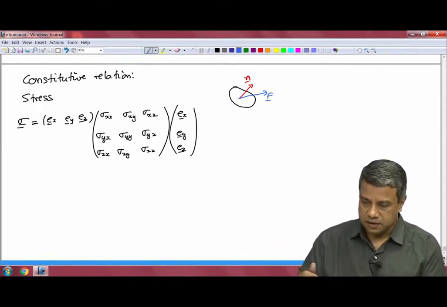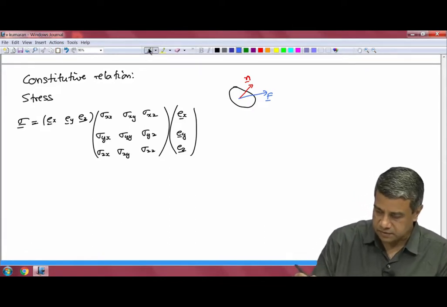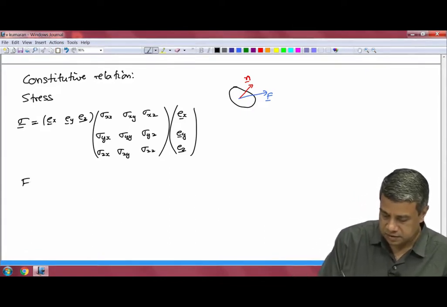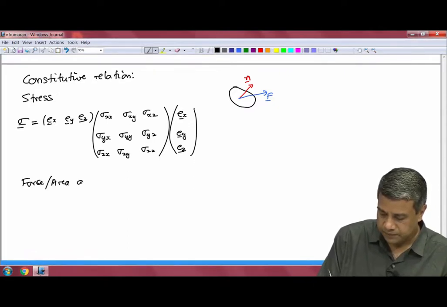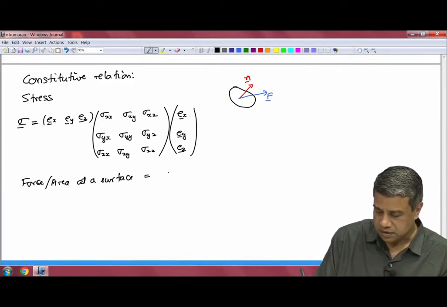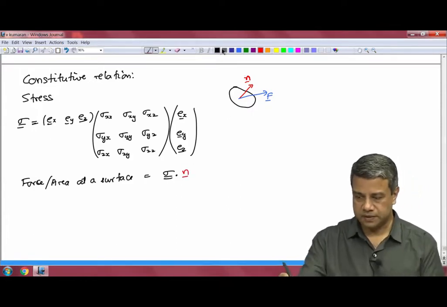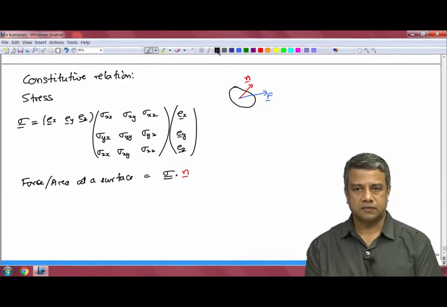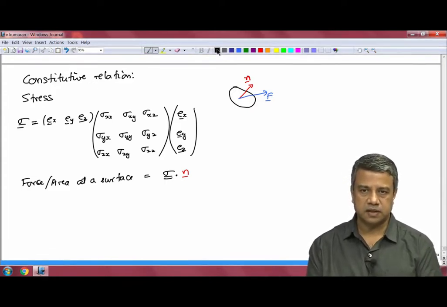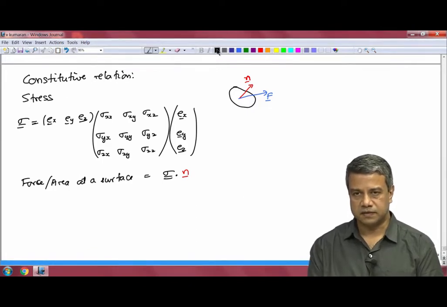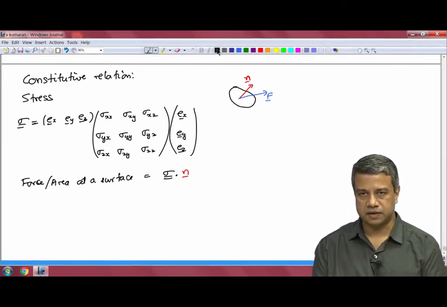So, the force per unit area at a surface is equal to this stress dotted with the perpendicular to the surface. So, the force depends upon the orientation of the surface. That is obvious. If the surface is perpendicular to the flow, you will have a larger force.